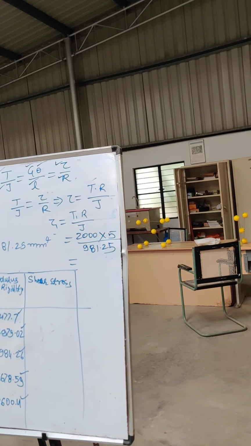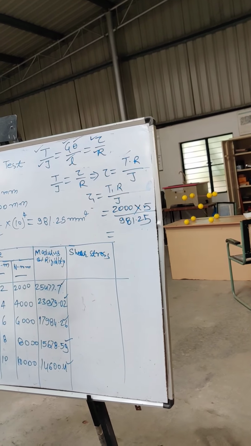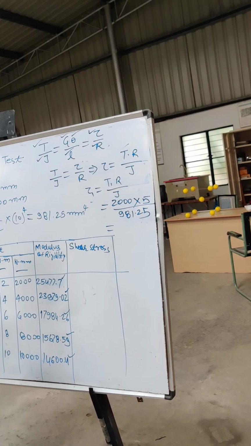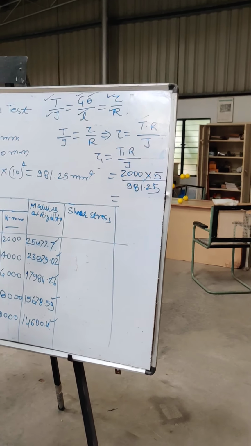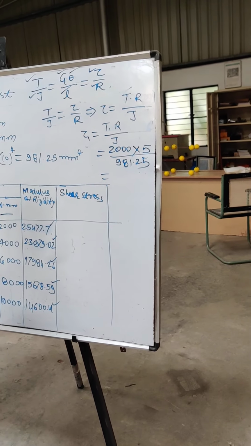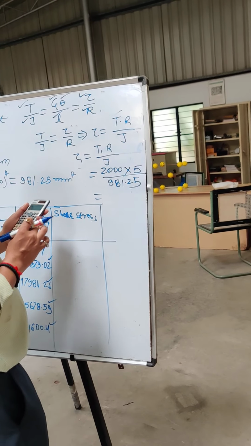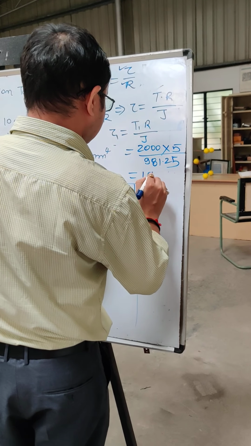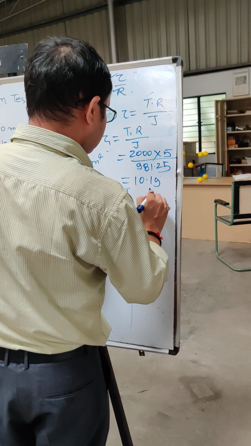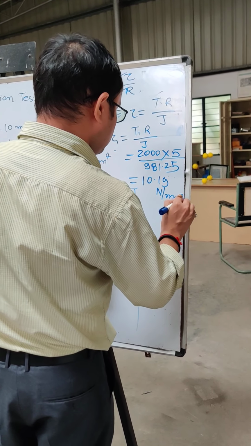Just to calculate, 2000 into 5 divided by 981.25. What is the value? It is 10.19 Newton per mm square. Here the unit is Newton per mm square.